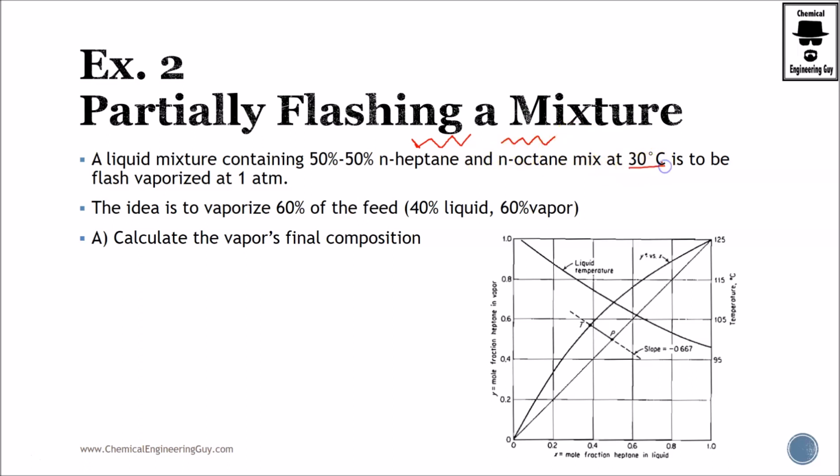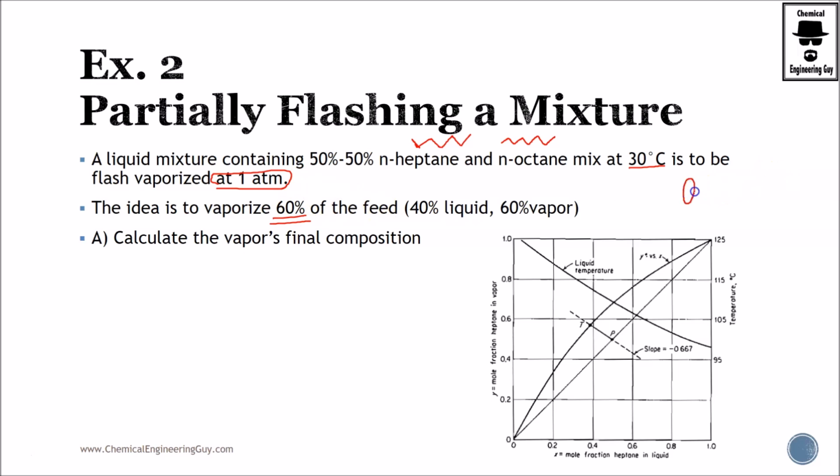They are at 30 Celsius, and it's going to be vaporized at 1 atmosphere. The main idea is to vaporize 60% of the feed. So let's pay attention to this. This does not mean that this is literally F. They want to vaporize that.